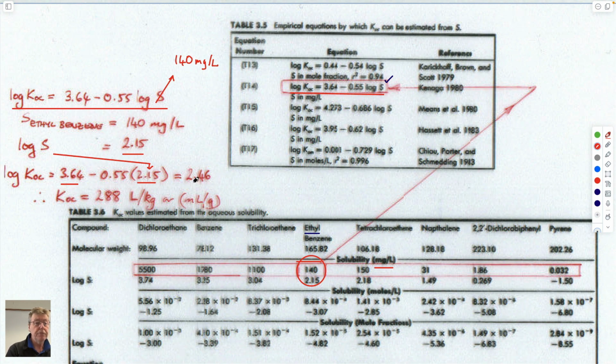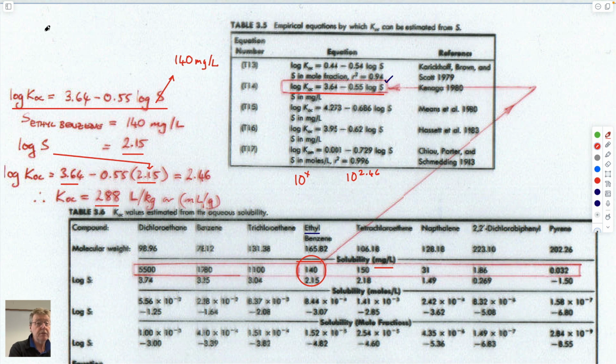You end up with 2.46. You take 10 to the power 2.46, which is something bigger than 100, less than 1,000. It's equal to 288, and it's in liters per kilogram or milliliters per gram. So you have to be careful on the units. So we can get the organic carbon partition coefficient.